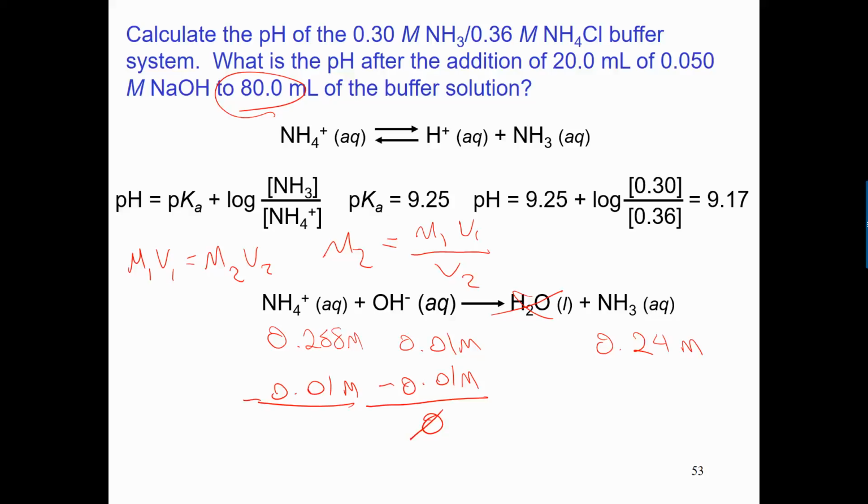What is the new concentration of NH4 plus? 0.278. And NH3 is going to be plus 0.01 molar, so 0.25 molar.